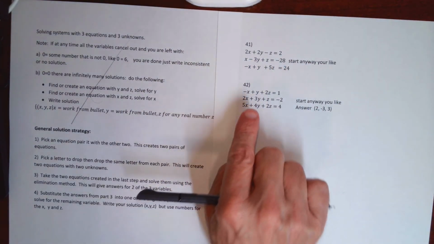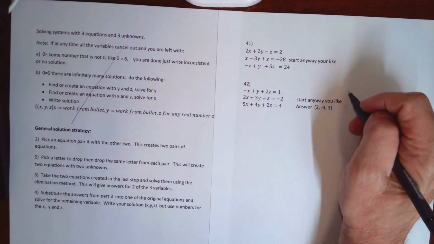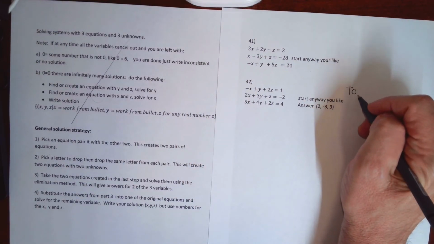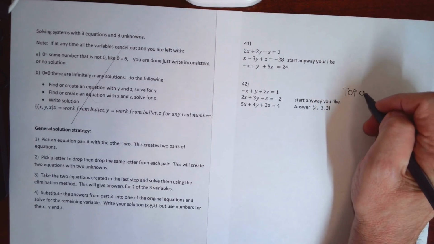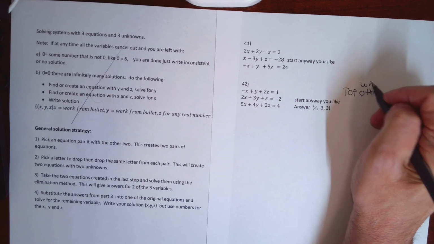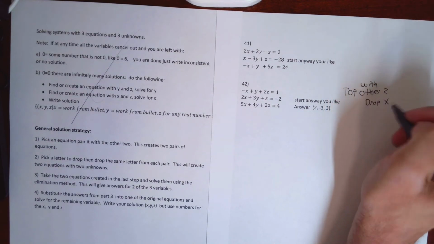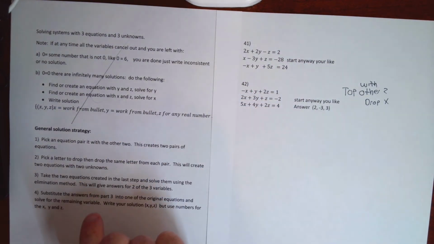For mine, the only coefficient that's as negative as this top equation, what I'm going to do is do the top with the other two, and drop out the x's. The x's, because they have opposite signs, make it a little bit easier.